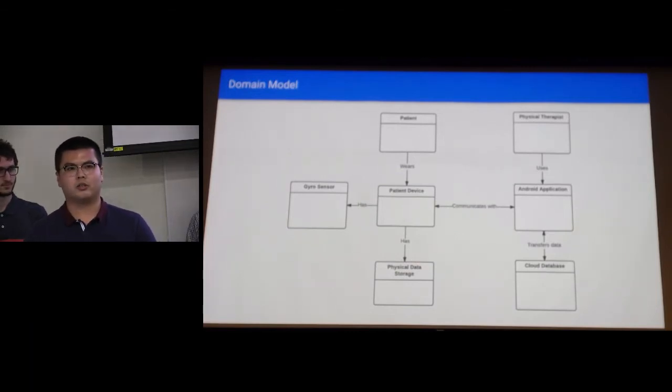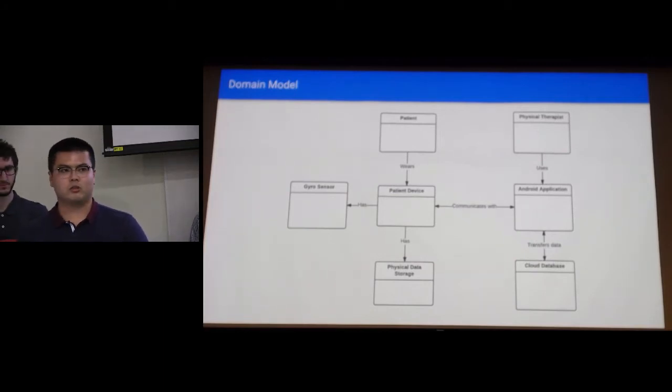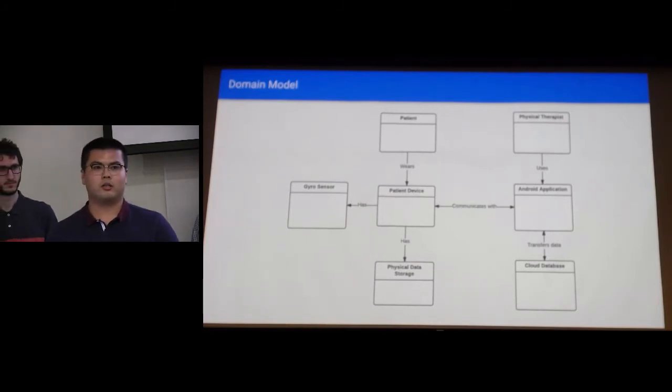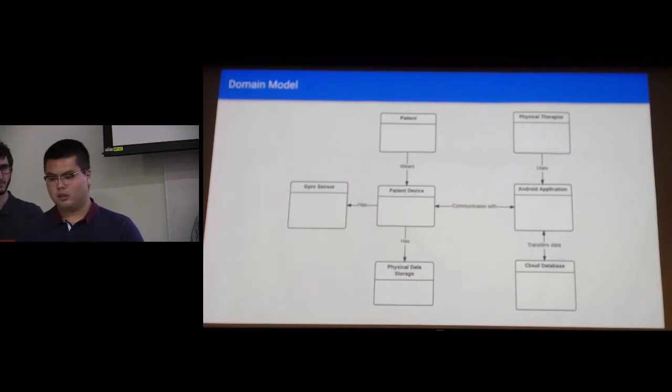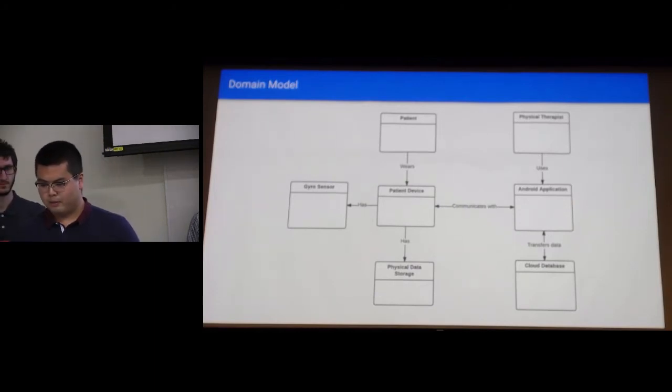Those patients are usually recovering from a stroke. And the patient device has an internal gyroscope sensor, and the patient device also has a physical data storage to cache the gyroscope data if the connection between the patient device and the Android phone gets lost.